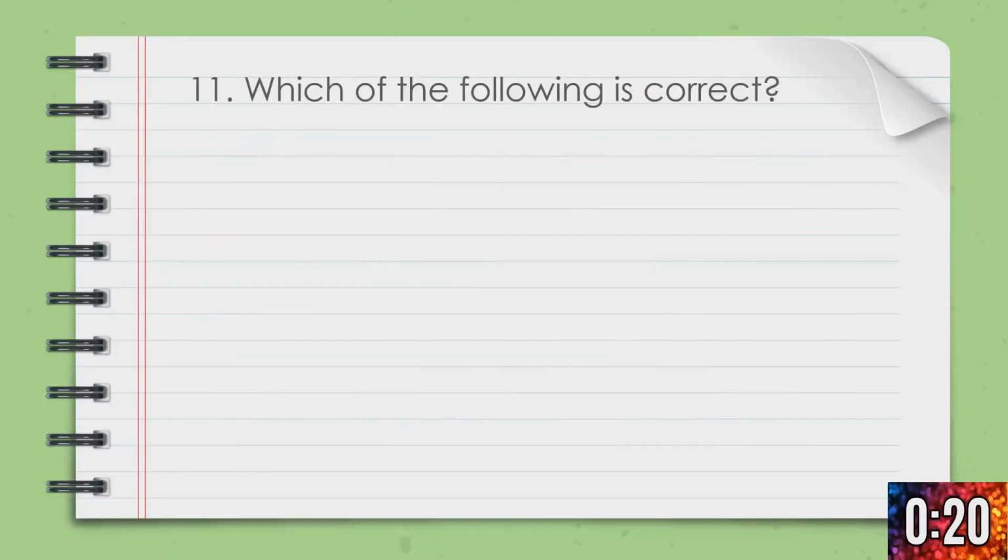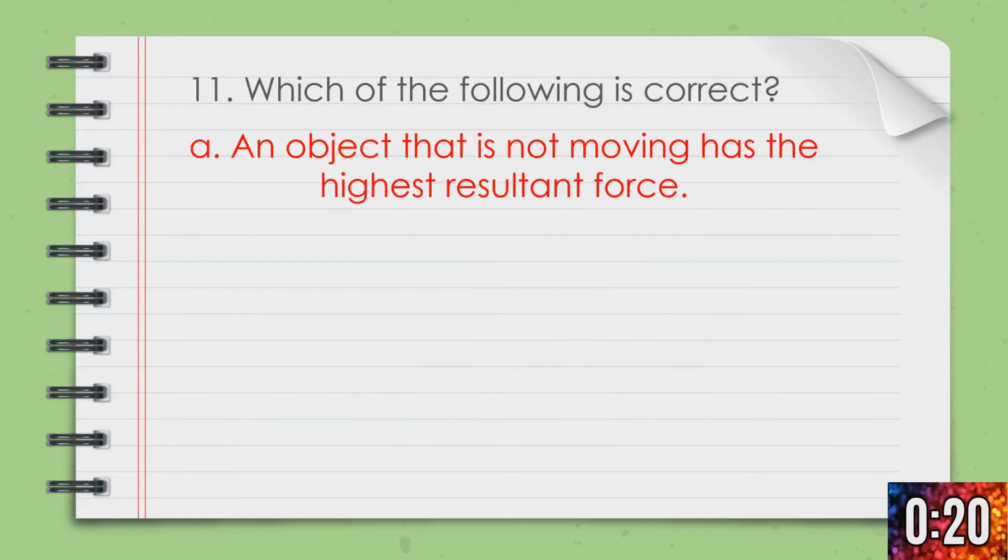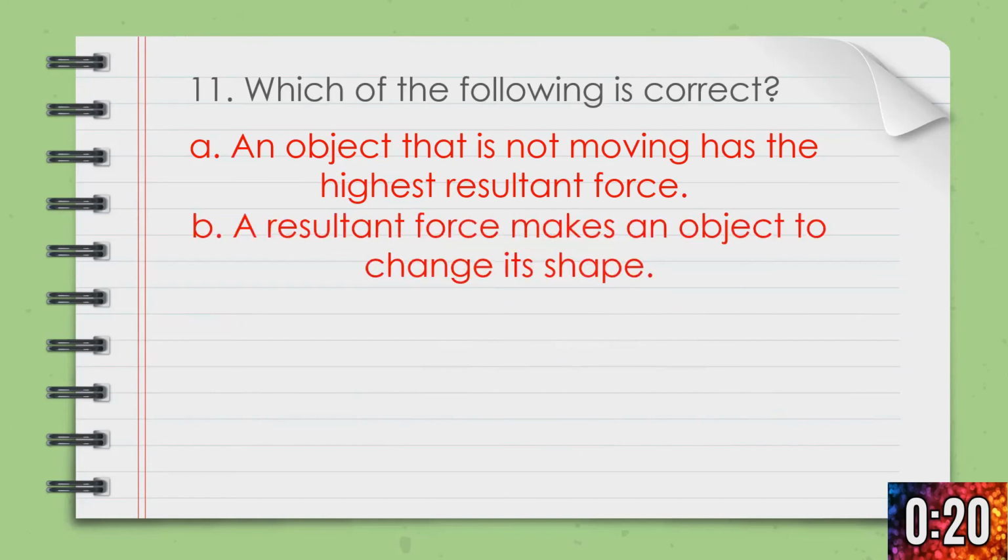For number 11, which of the following statements is correct? A. An object that is not moving has the highest resultant force. B. A resultant force makes an object change its shape.